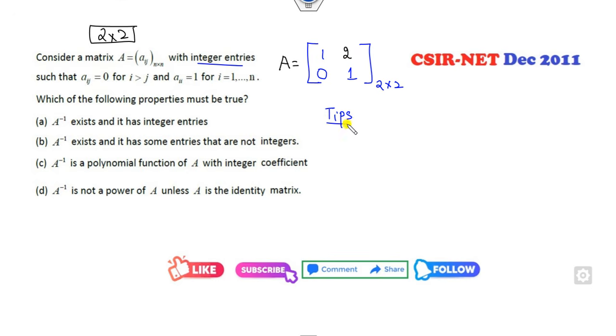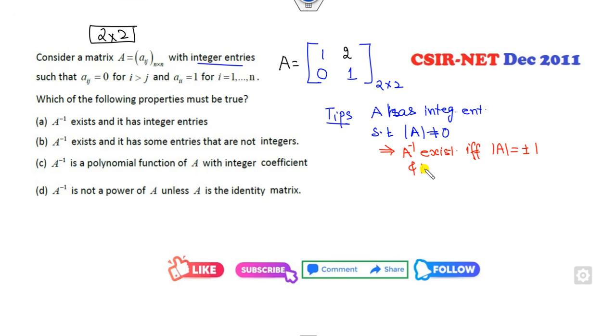Same rule. If A has integer entries such that the determinant of A is non-zero, what does it mean? A inverse exists if and only if the determinant of A is plus or minus 1 and the entries are integers.